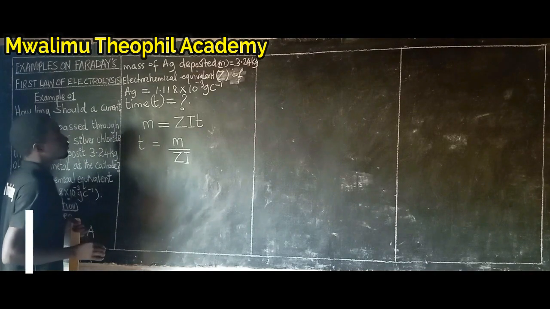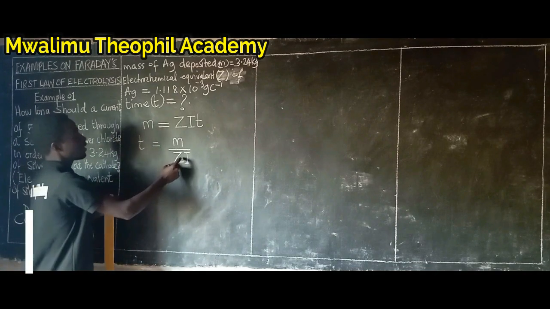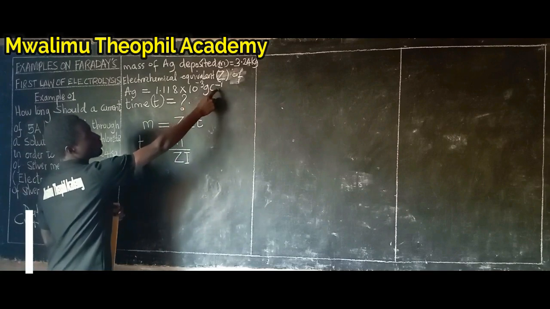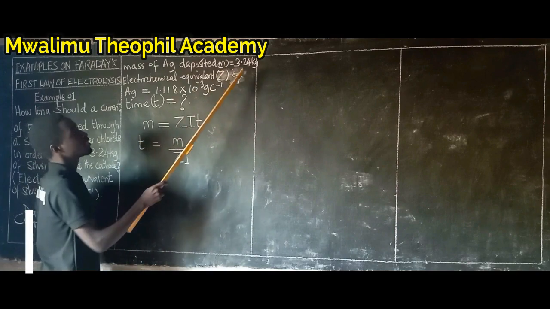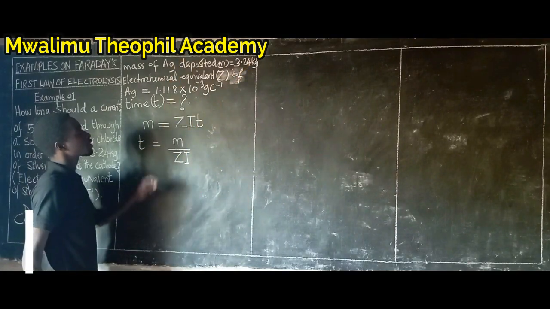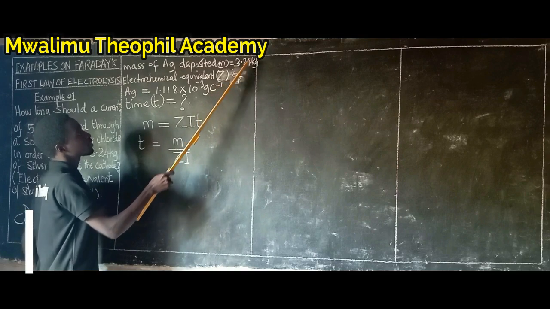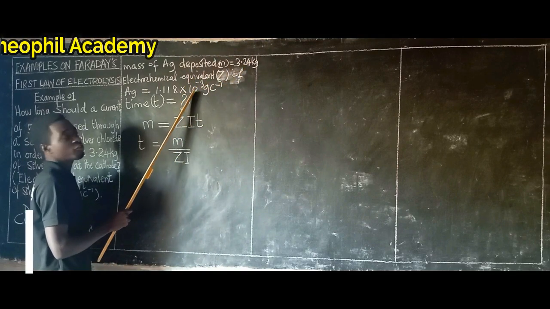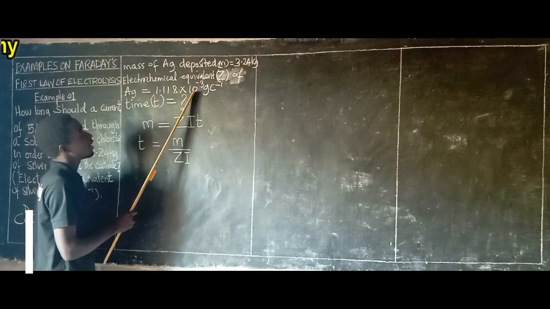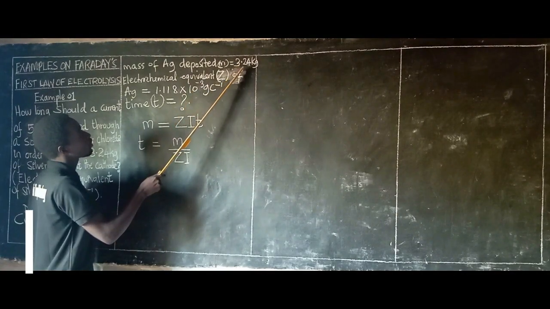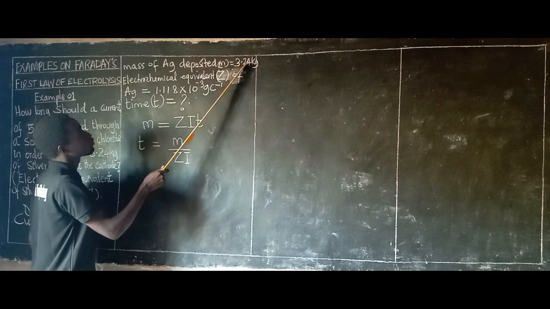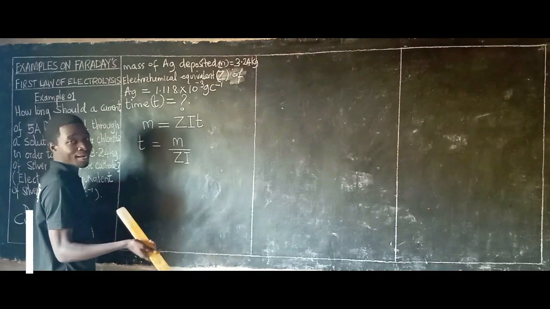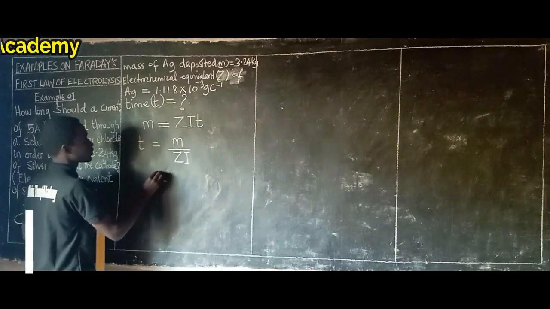But you have to remember that the given electrochemical equivalent is in gram per coulomb. This mass is in kilogram, so it should be changed into gram so as to match the given electrochemical equivalent. For the mass, we multiply 3.24 kilogram times 1000 to make it gram. So here we substitute these values.